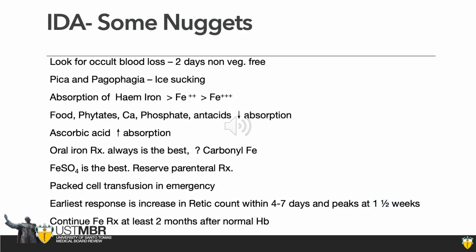These are some of the important pearls for iron deficiency anemia. Always look for occult blood loss. If the patient denies any bleeding, then you have to investigate for occult blood loss, and you may test that by requesting a fecal occult blood test or FIT, or fecal immunochemical test.